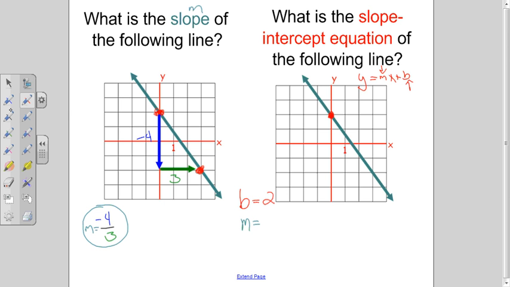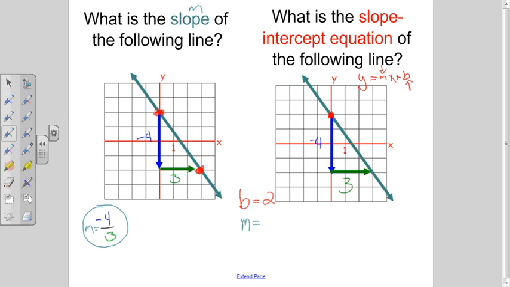And it should not come as any shock to you now that I'm in fact going to draw the same exact rise-run triangle, which is going to be down -4 and right with a run of 3, because in fact it's the same exact line I was doing before.